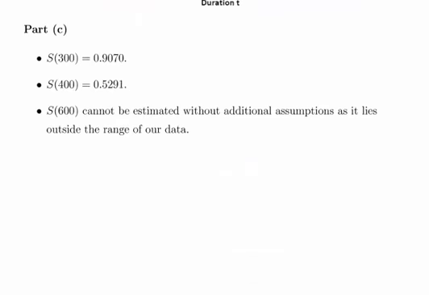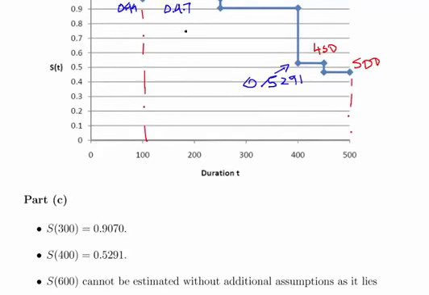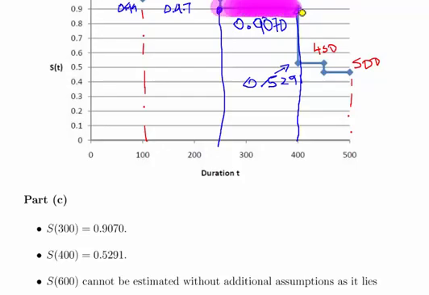So, that's it. Probability of survival at 300 hours. Essentially, it's a step function, okay. So, we're looking at this interval here, and when we get that out, it is 0.9070, okay. It's consistent between 250 to 400.